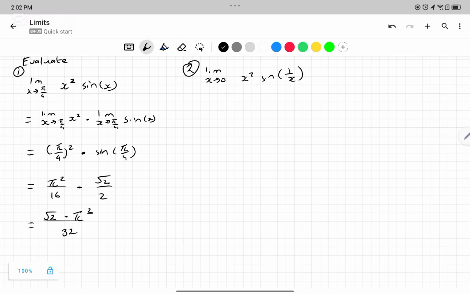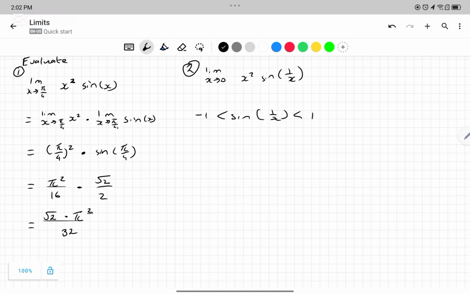But now, in this case, we are going to use something called the squeeze theorem. So what we know to be true is that sine 1 over x is between -1 and 1. So that's true, right?